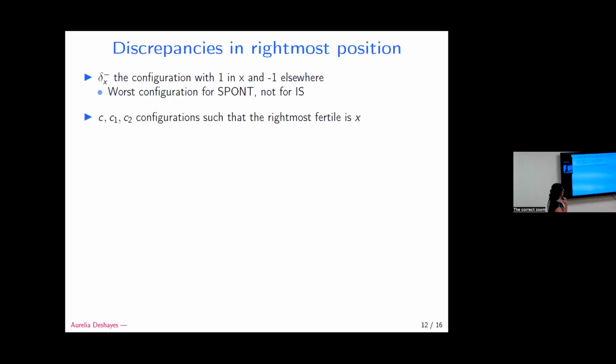So the idea is to understand, if you take two different configurations, when they will split, when the rightmost will split. What can happen to make the property fail? It's easy for the contact process, not so easy for spontaneous.